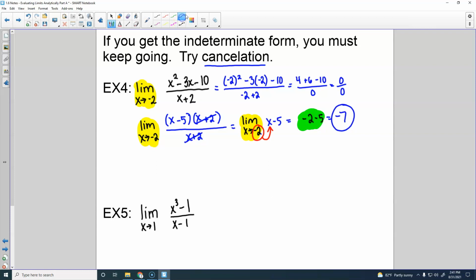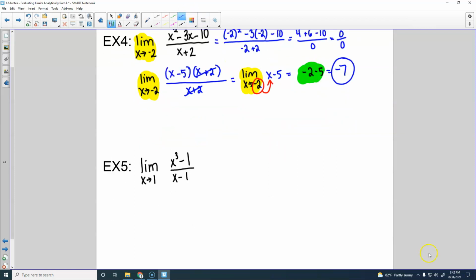Okay, alright. So a to the third plus or minus b to the third factors into a, let's see, I don't want to get my signs wrong on this. Am I going to have to look it up? I think it's plus.